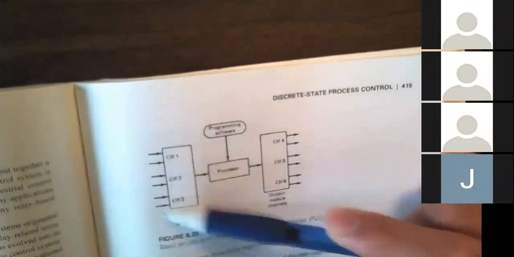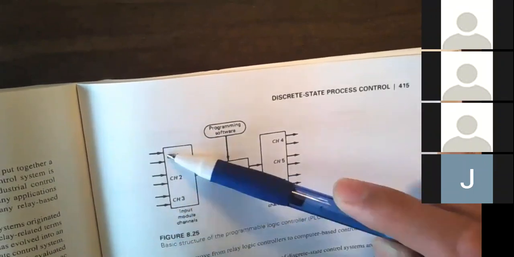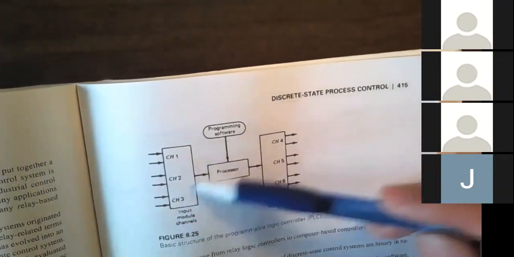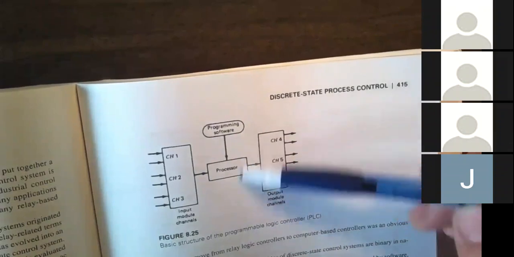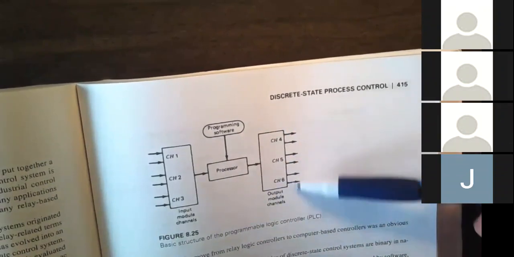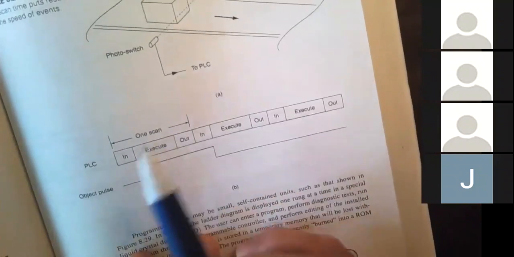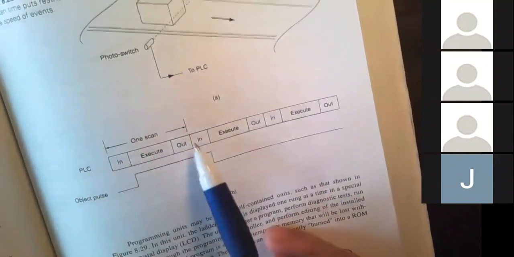Basically, the computer will first read the inputs. Those are the sensors, the buttons. And then the computer will do some logic calculation. And then the computer will send to the output modules. So it takes time, start to finish.